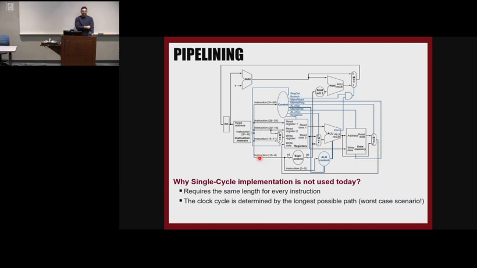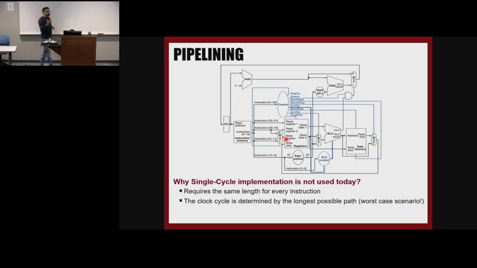We read the registers, then we have the ALU operations, then the data memory, and the last step, for some instructions, is to write the results back to the register file. So there were these steps involved, and everything was happening in a single clock cycle.